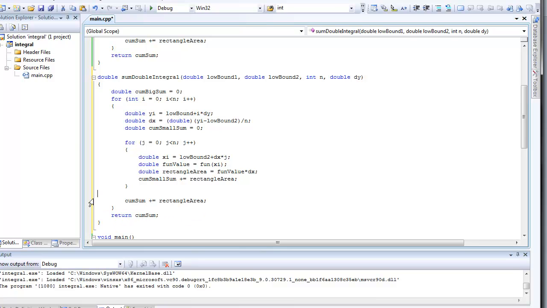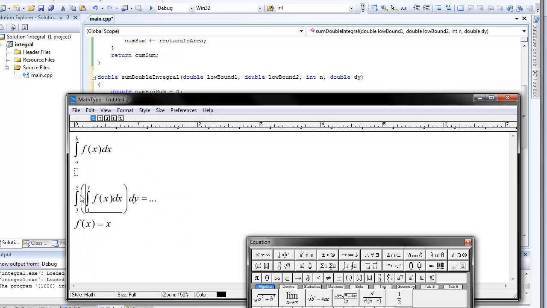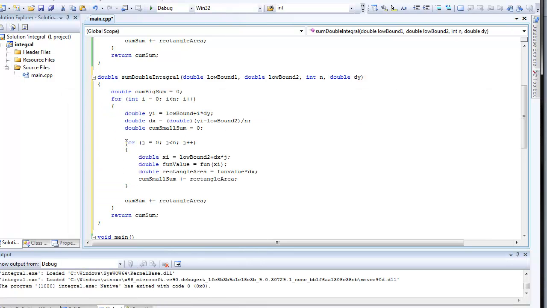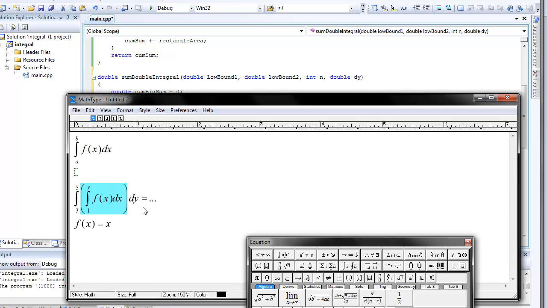And finally, we now have the value of this thing by the end of this loop, and the value is stored in this variable small sum. Okay, so we take the stored value and we multiply it by dy.